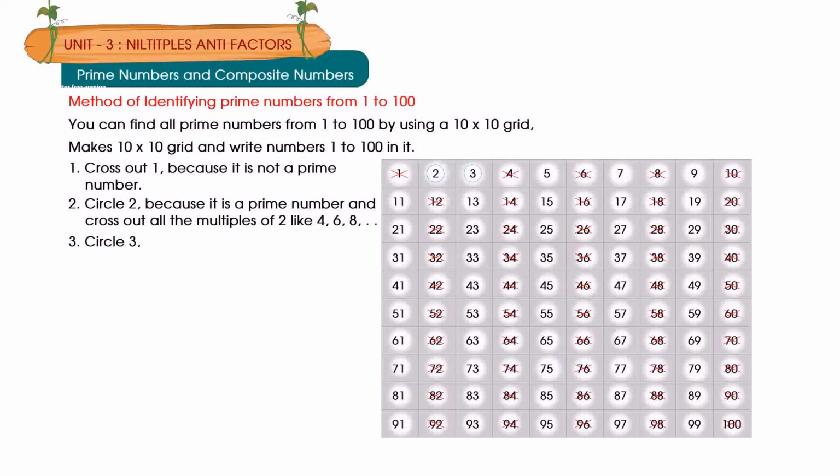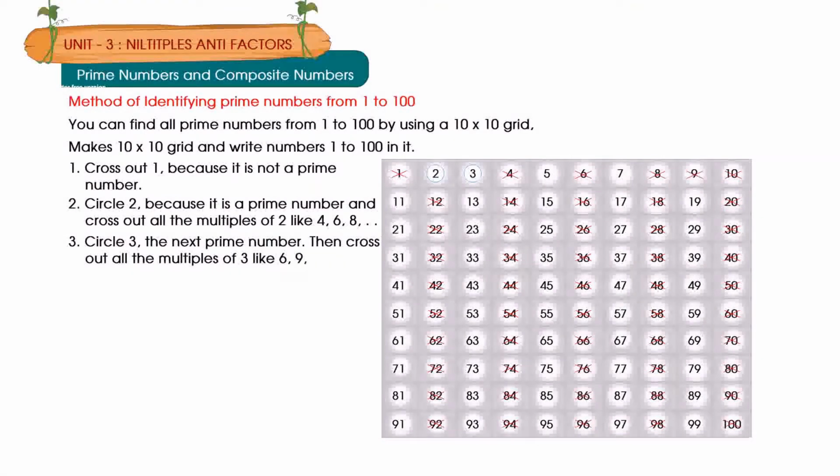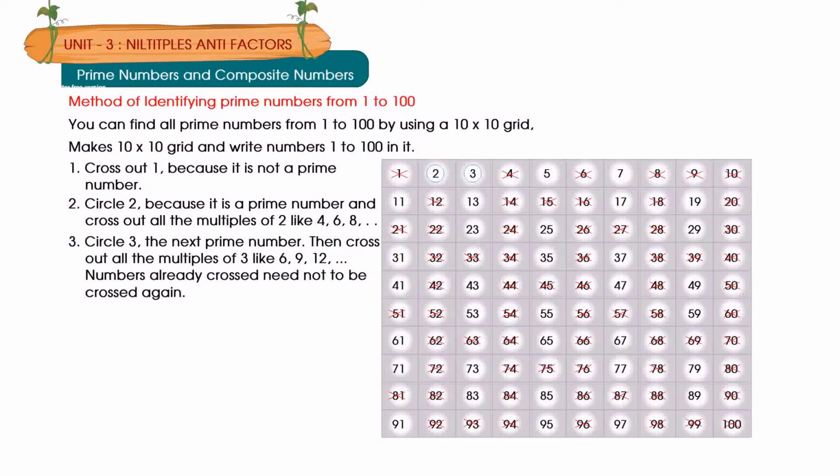3. Circle 3, the next prime number. Then cross out all the multiples of 3 like 6, 9, 12 and so on. Numbers already crossed need not be crossed again. 4. Circle the next prime number which is 5.